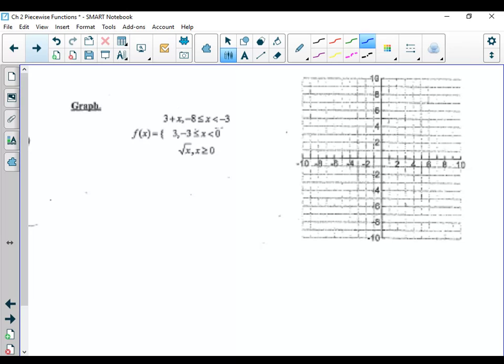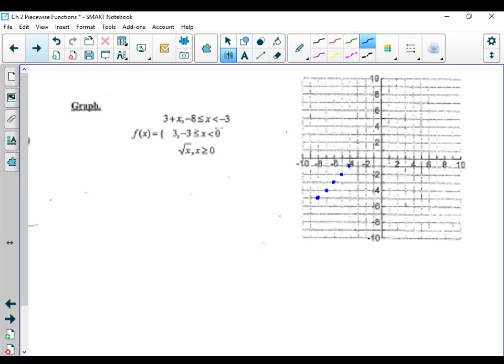So that's my first point. Then I'm going to plug in -7. Well, if I plug in -7, I've got -4. Plug in -6, -5, -4.